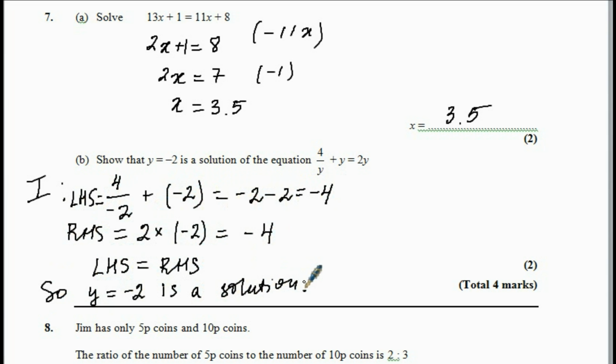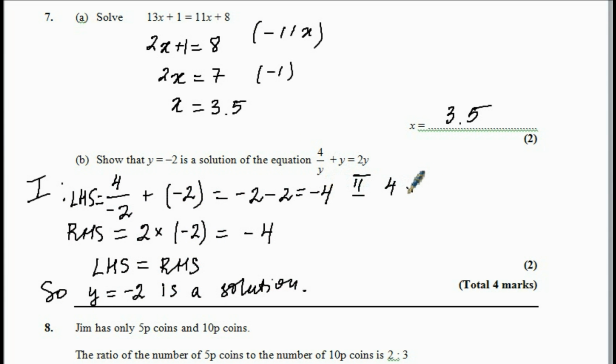the equation. Another way of showing that y equals minus 2 is a solution would be to simply solve it. So we've got an equation where 4 was divided by y, plus y equals 2y. To undo dividing by y, I would multiply by y both sides.